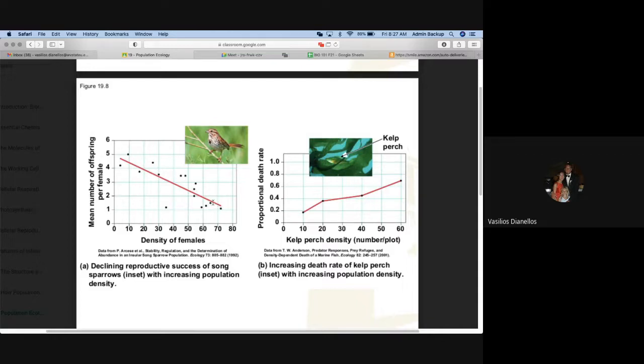So those are inverse relationships. Meanwhile, here, as the density increases, then the death rate increases. So all we're saying here is that as the population density increases, you have these density dependent factors, which will either lower the birth rate, as you see on the left, or increase the death rate, as you can see on the right. So any questions about that?